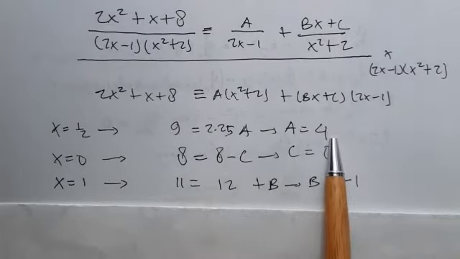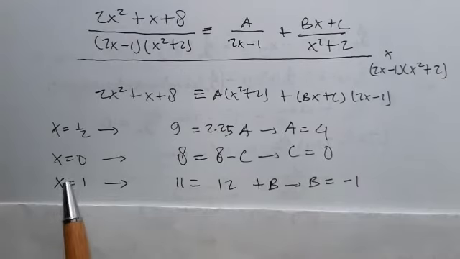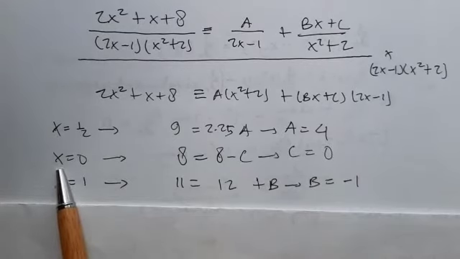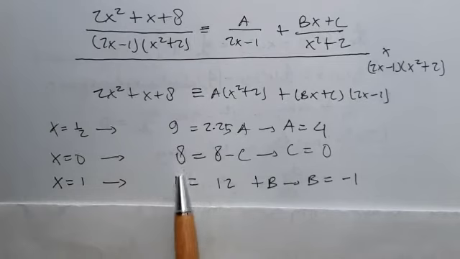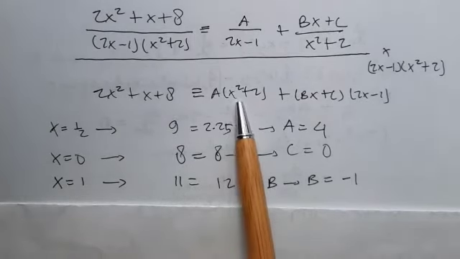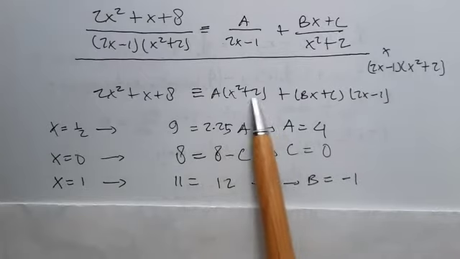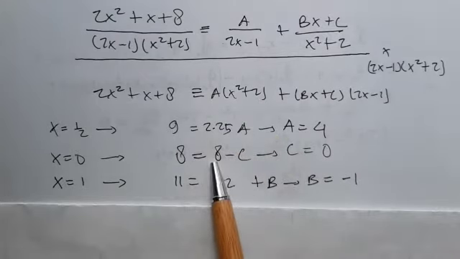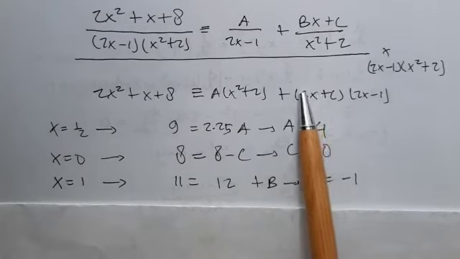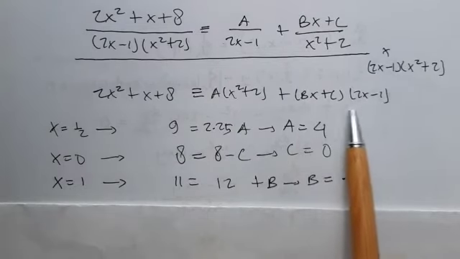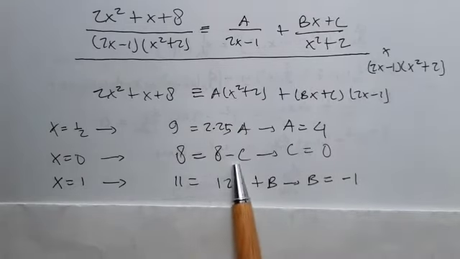a is 4. Next we choose x = 0. On the left, 0 plus 0 plus 8, that is 8, and on the right, 2 times a, with a = 4, is 8, and the other term is 0 times (0 minus 1) minus c, thus 8 equals 8 minus c, so c is 0.